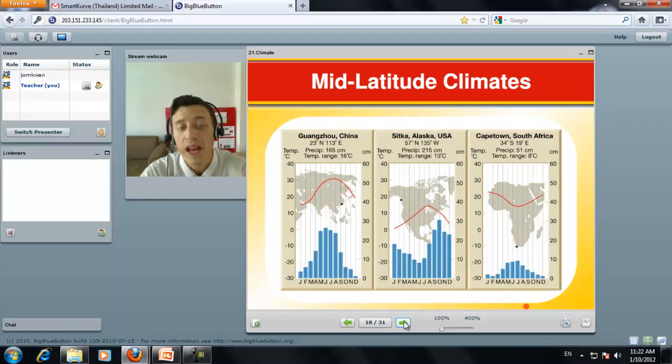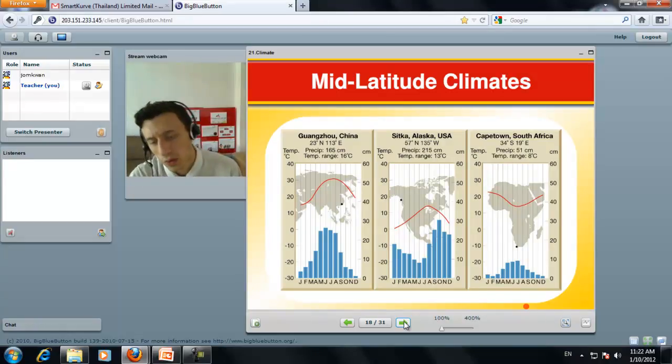We're on the windward side of the continent. So what's going to happen on that windward side? We'll notice that our temperature, in this case, peaks before our precipitation.